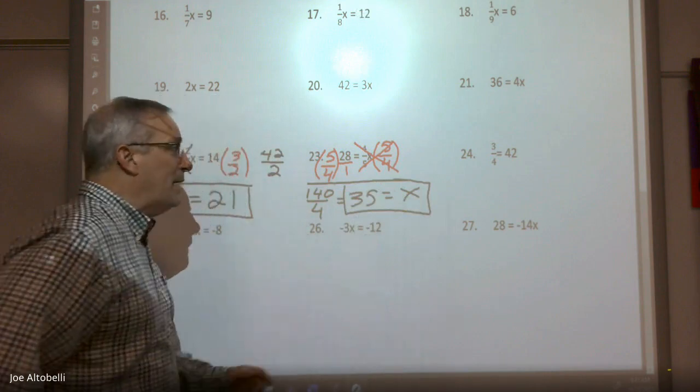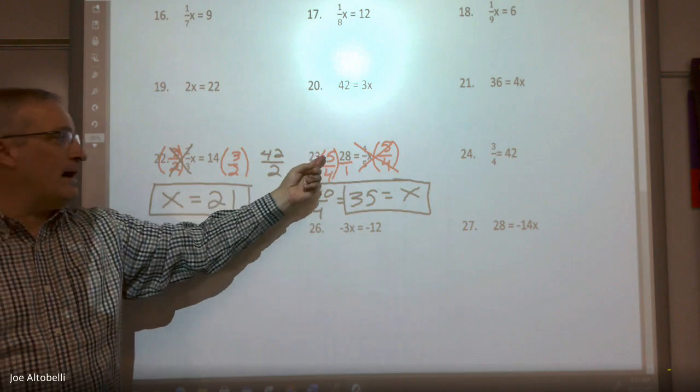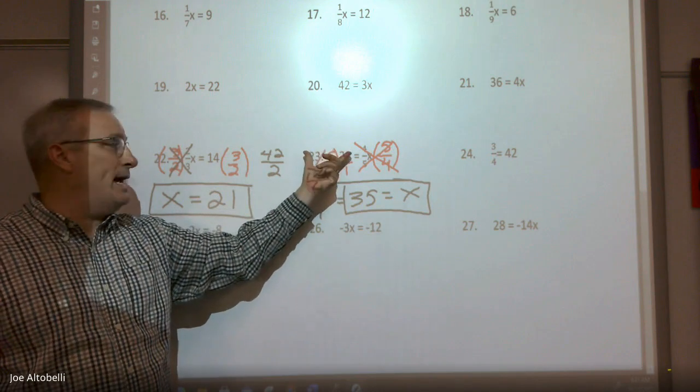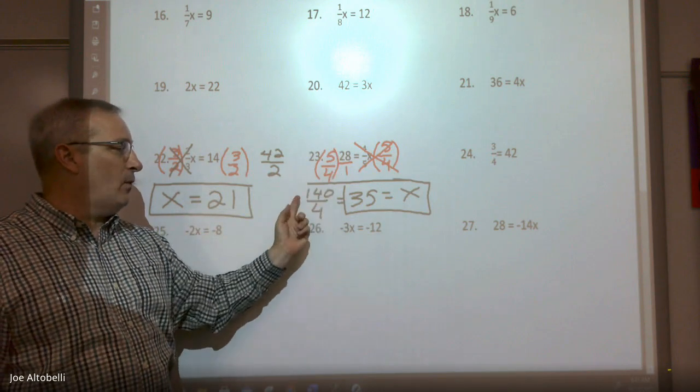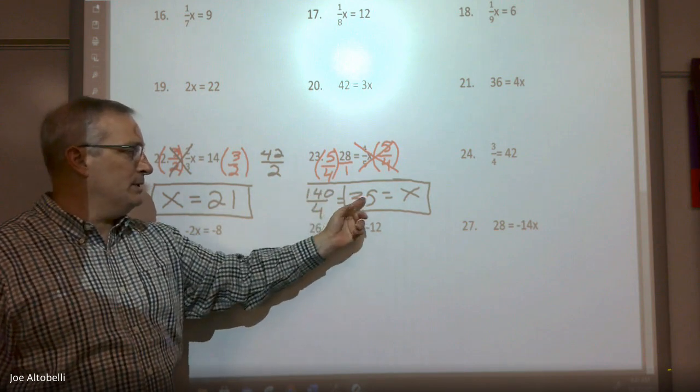You might need a calculator on this one. You would go 5 times 28, and then divide that by 4. So you get 140 over 4, and when you divide that out, you should get 35.